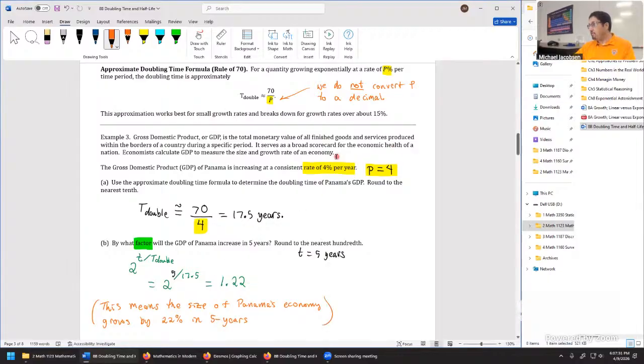So if it's growing 4% per year, it's not going to be 4% times 5, because every new year we take 4% of what the current GDP is. It's a little bit more, 22% in those 5 years. If we let 17.5 years go by, it would have been an entire 100%, since that would have been the doubling time.